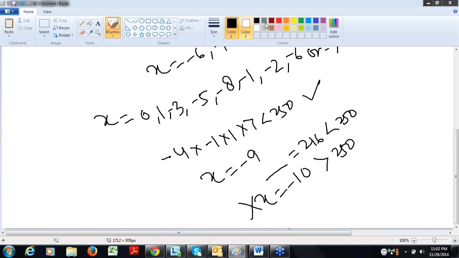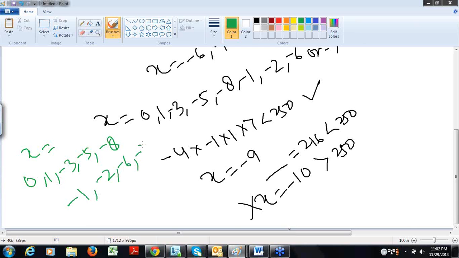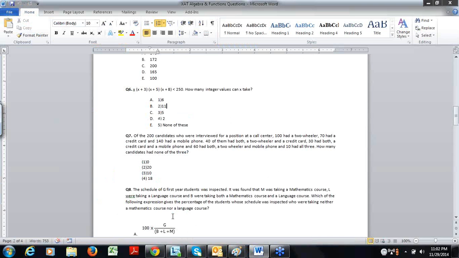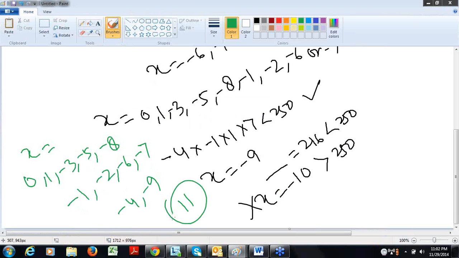So the final values of x we have found are 0, 1, minus 3, minus 5, minus 8, minus 1, minus 2, minus 6, minus 7, minus 4 and minus 9. So we have 11 values. We have option 2 as 11 values, option B, so I will go ahead and mark option B.